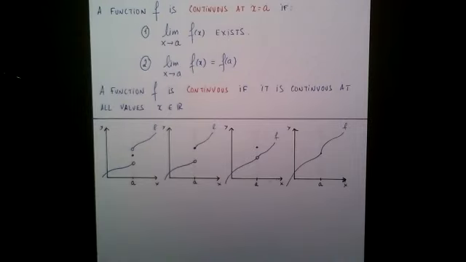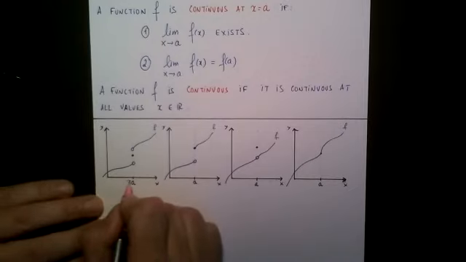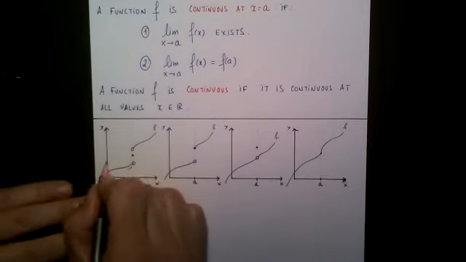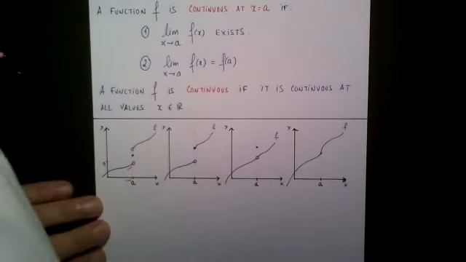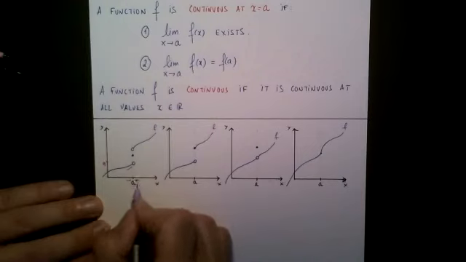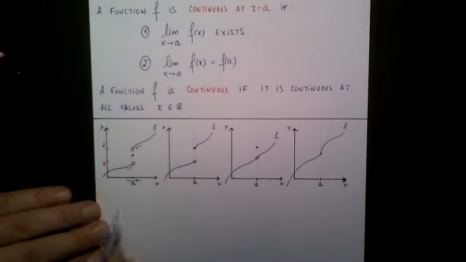The limits from the left and from the right are not equal. Perfect. As you see here, if I approach from the left, I'm approaching here, and if I approach from the right, I'm approaching here, and they're not the same.